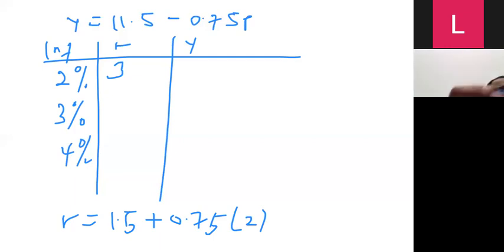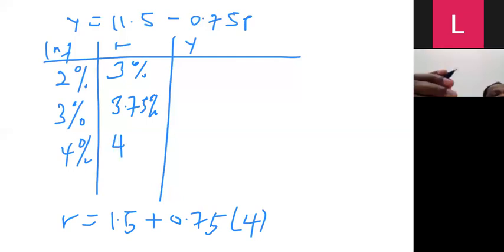I'm going to have 3% here. In the case when P is 3, that is going to give me 3.75%. In the case when it is equal to 4, it's going to give you 4.5%.